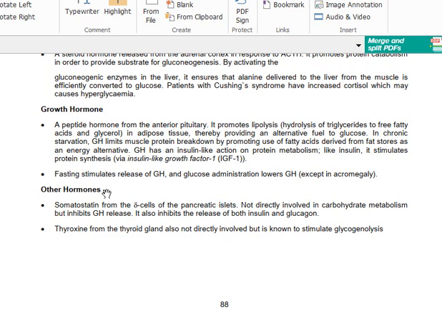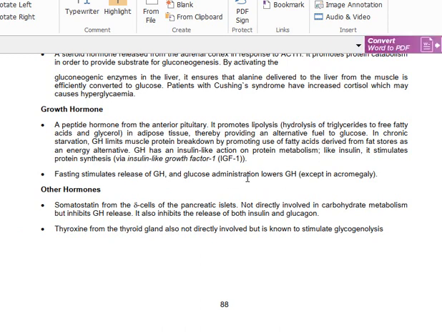So we need to know that fasting is going to stimulate growth hormone. Is it clear? Unlike insulin, fasting stimulates growth hormone, and glucose administration lowers growth hormone. That is something you can know in this patient.